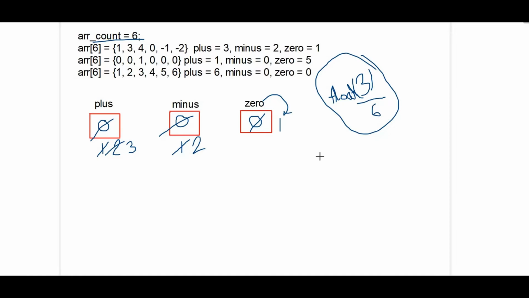In the case of minus, we divide 2 by 6, typecasting again, and the result will be 0.3333. In the case of zero we have only one 0, so we divide 1 by 6. We will print these three results, as asked in the question.